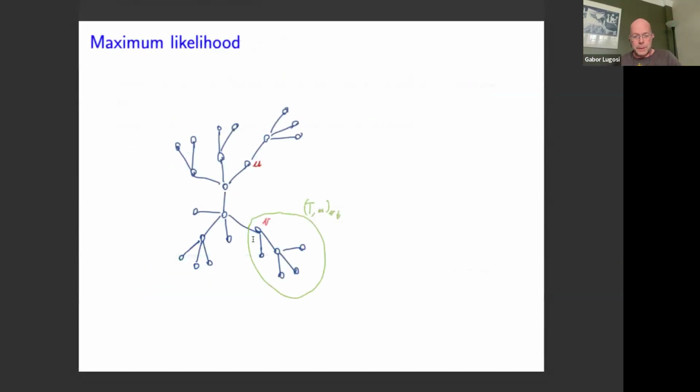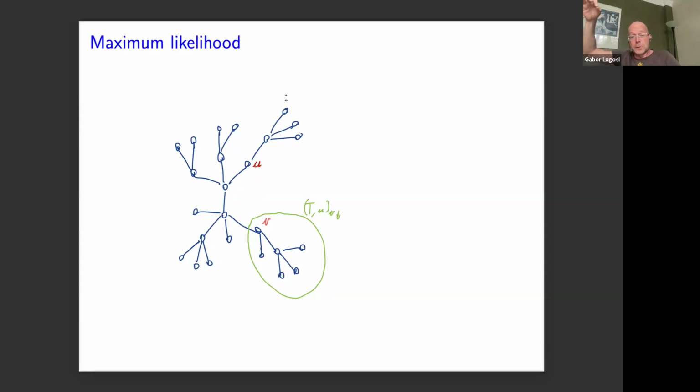Here's a picture. Suppose that we imagine that U is the root. Now, for all other vertices, we have to look at the size of the subtree that looks away from U, in this case this green subtree, and we take the product of the sizes of all these subtrees. So when we compute the likelihood of U, for each vertex we take the size of the subtree that looks away.